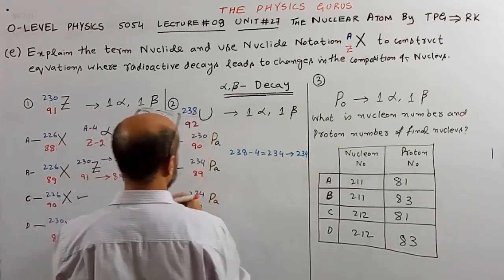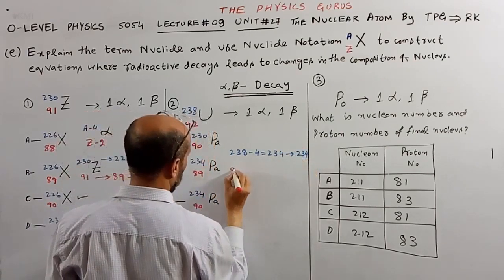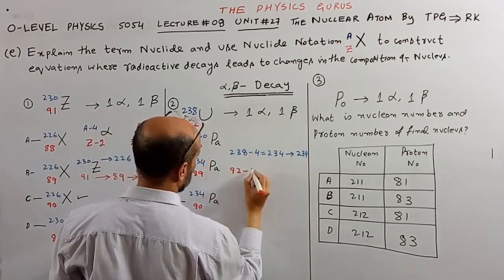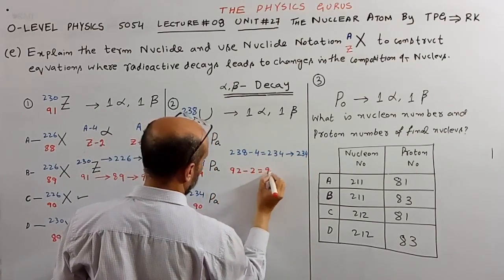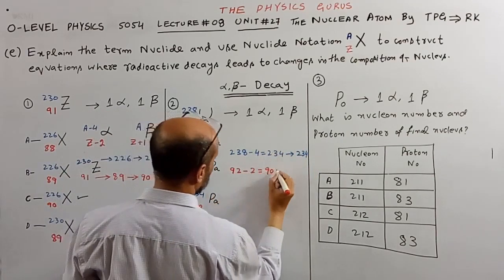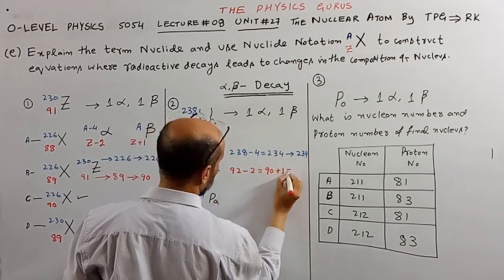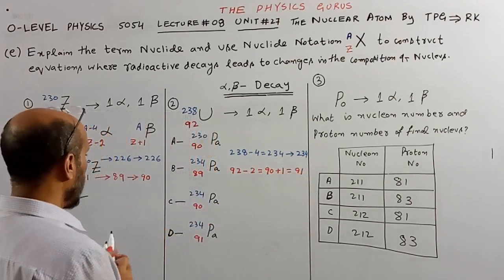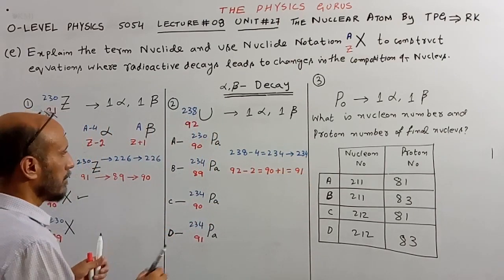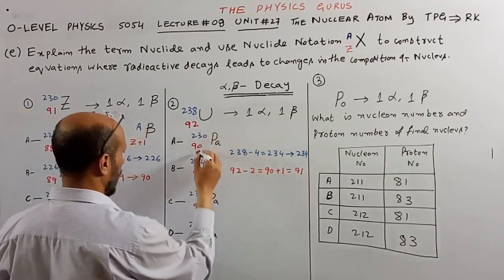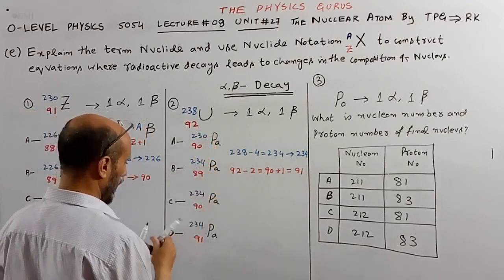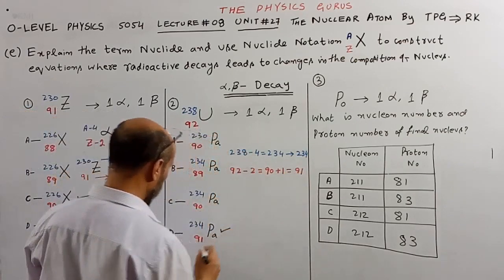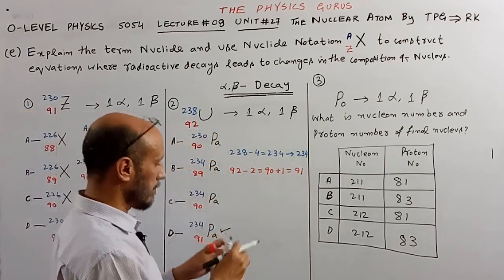For the value of Z, 92 minus 2 is equal to 90, and for beta emission the value of Z is increased by 1, so it will be 91. So which option is the correct option? 234 and 91. Option D is the correct option.